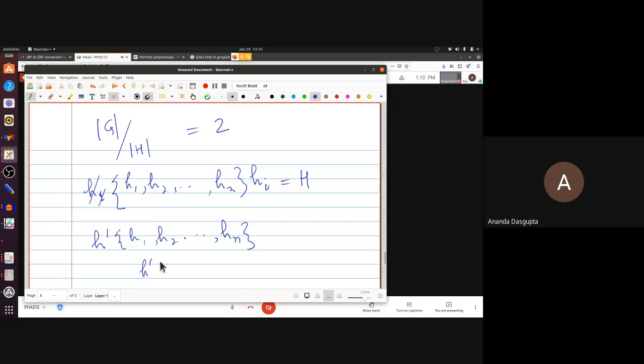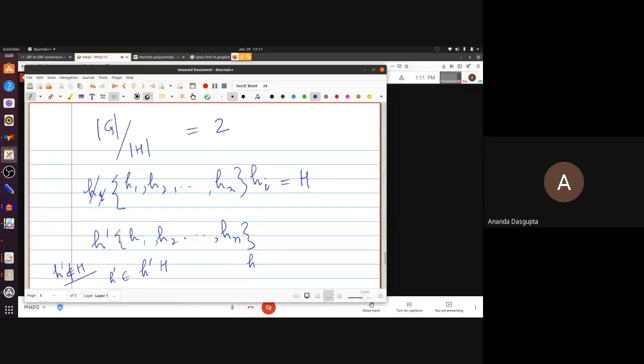H prime is not in H. So H prime times capital H has to be a coset, of course. That's the definition of what a coset is. But can H prime capital H contain H prime? Is it in or out? It is in, because H has the identity. Since H has the identity, H prime capital H has to have H prime.